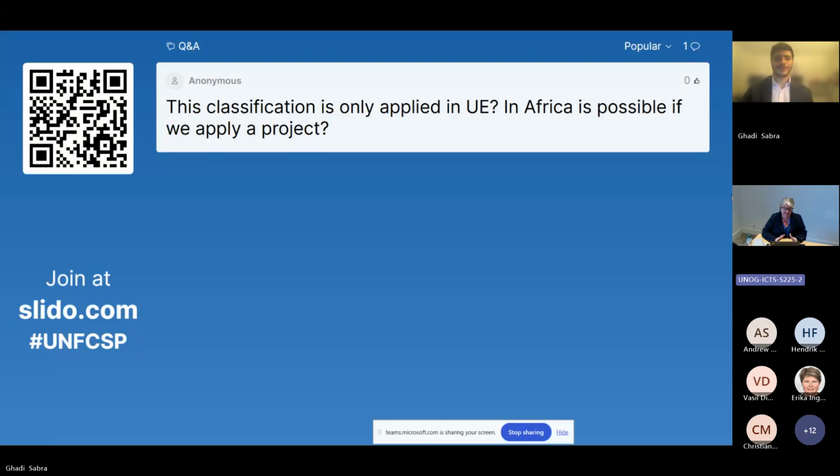You can apply for a strategic project located in Africa, and you can apply UNFC on a project located in Africa. And Africa is actually quite developed in this tool. They have developed their own tool that is totally aligned with UNFC, and another tool that we have developed at EC with the expert group called UNRMS.